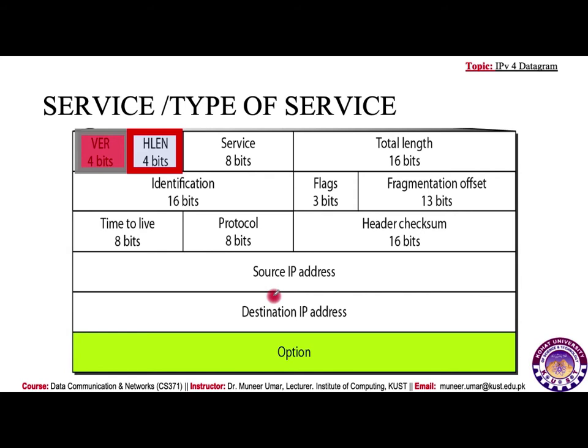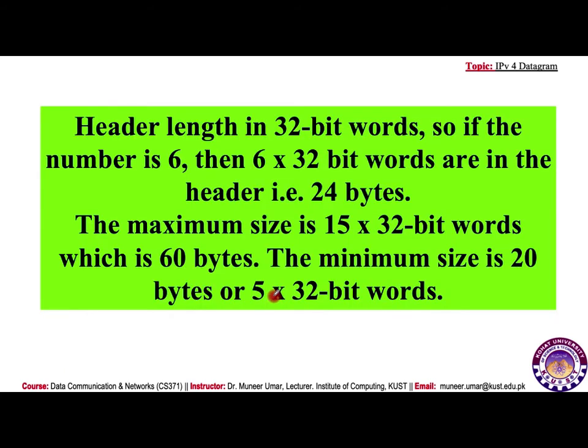Then we have header length. The header length is in 32-bit words. If the value of header length is 6, then there would be 6 times 32-bit words in the header, that is 24 bytes. The maximum size is 15 times 32-bit words, which is 60 bytes.